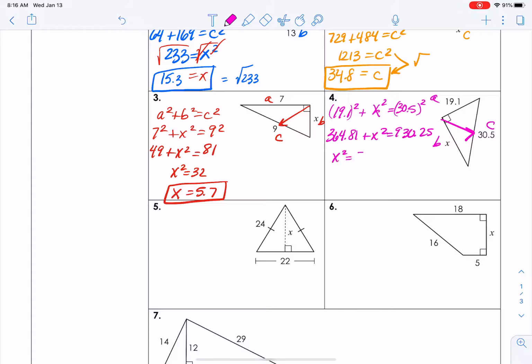X squared is 565.44 after subtracting. And after taking the square root, x equals 23.8. Remember that to get from x squared to x, you use the square root. That is the inverse operation of squared.